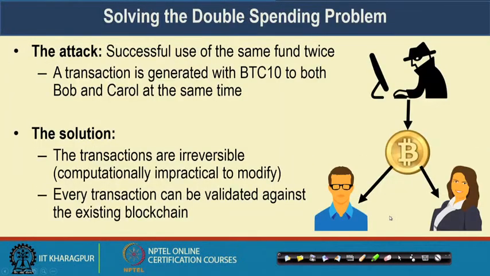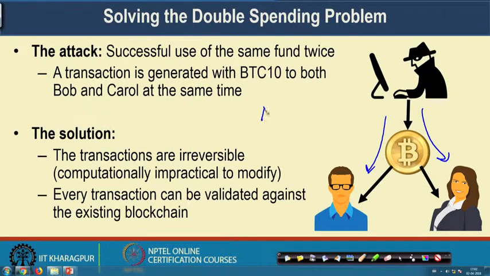Well, this proof of work also solves a problem in any digital cryptocurrency, which we know as the double spending problem, and double spending can also work like an attack sometimes. Double spending means the successful use of the same fund twice. The attacker is trying to transfer the same Bitcoin to two different persons almost at the same instant of time.